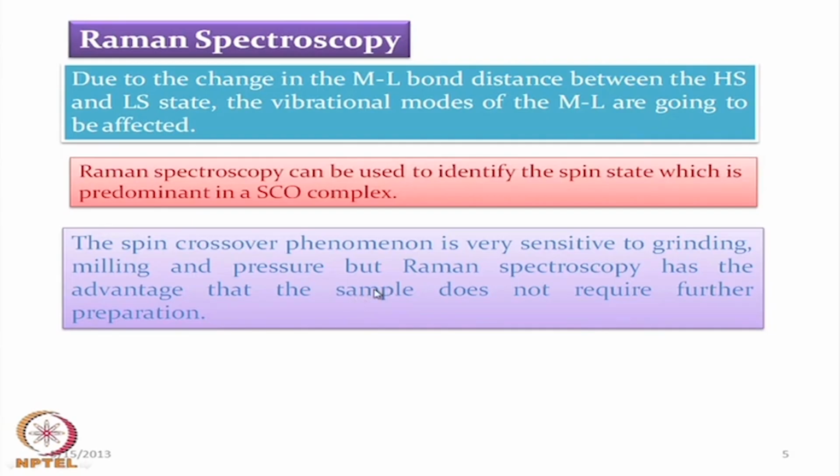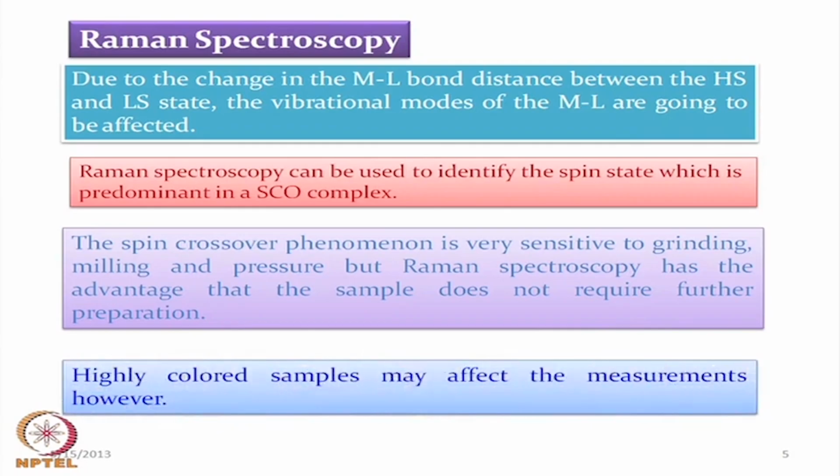Whatever sample we have for the measurement does not require further preparation like grinding, milling and pressurization in the press to get the KBr pellet. So, Raman spectroscopy is a very safe one to measure the corresponding frequencies for SCO complexes, but some of the highly colored samples may affect the measurements because colored samples cannot be handled nicely in this spectroscopy.